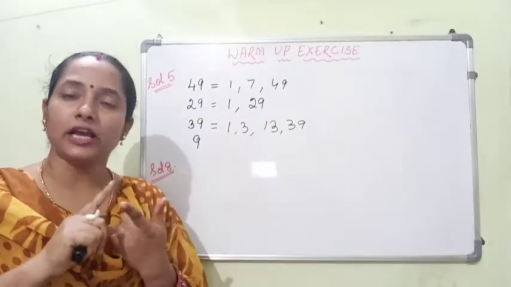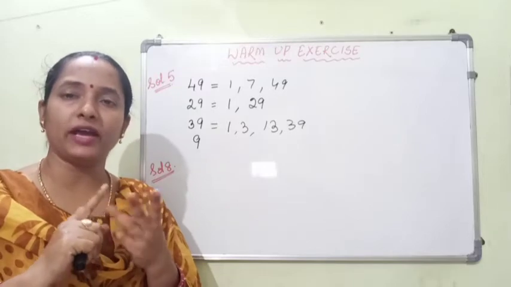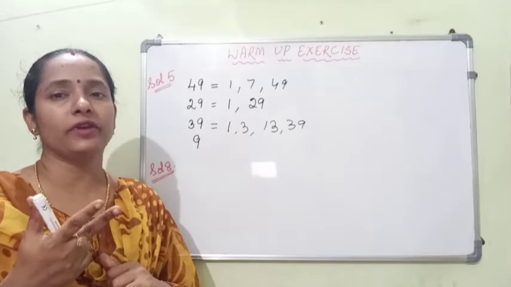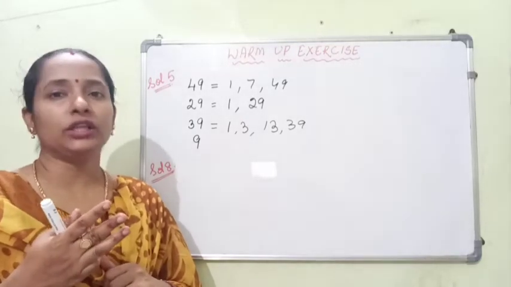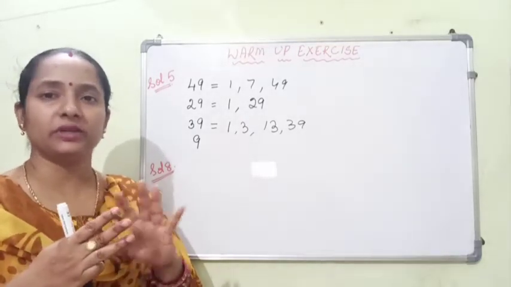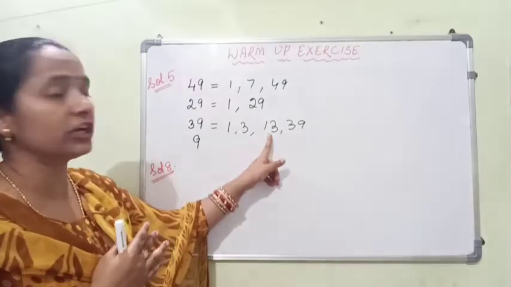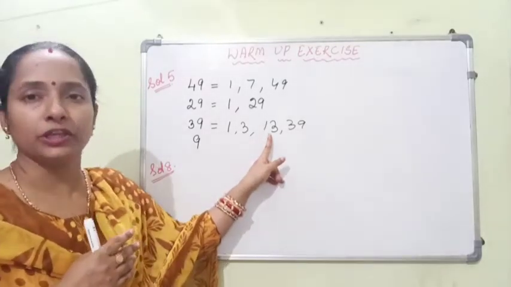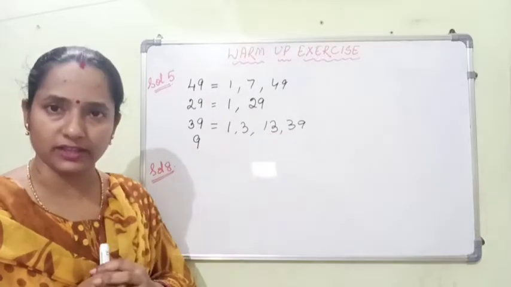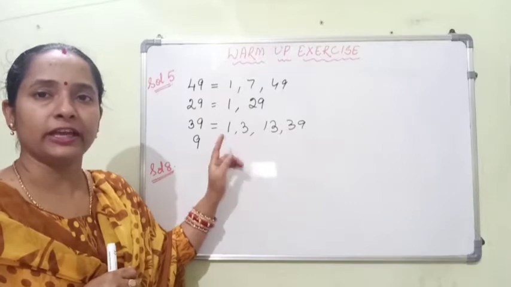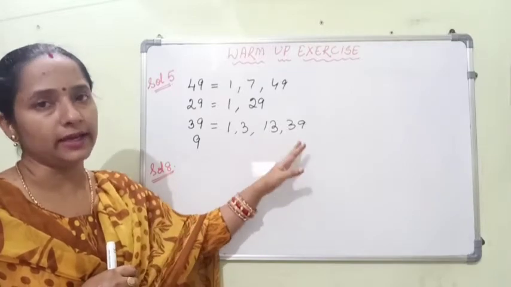Then it can't be divisible by 4, 5, 6, 7, 8, 9, 10, 11, 12. With all these numbers, 39 cannot be divisible. The next number that comes is 13, which we have already got as a factor. So we need not go in search of factors anymore. Isn't it? So the factors of 39 are 1, 3, 13 and 39.